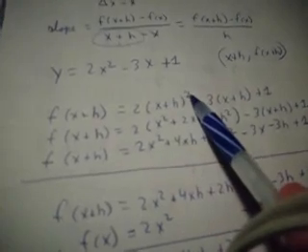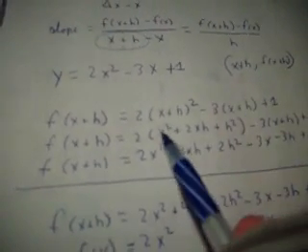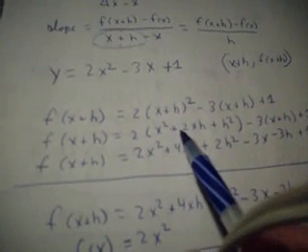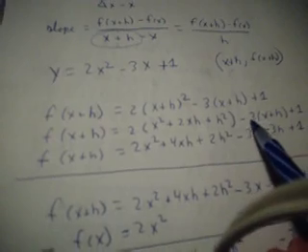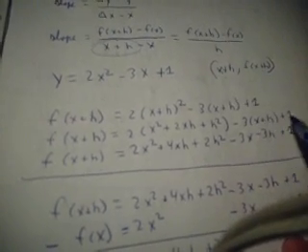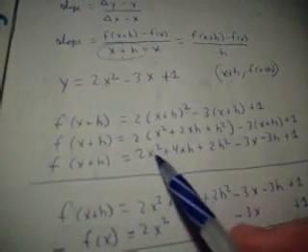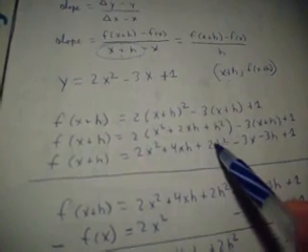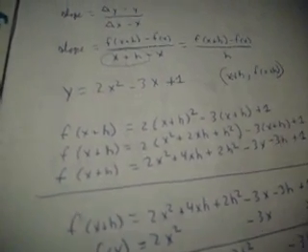If we expand this out using the FOIL method, which is something I talked about in a previous video, I know you're getting sick of hearing this, but I talked about it in a previous video. Then you get 2 times x squared plus 2xh plus h squared, minus 3 times x plus h, plus 1. And then we go down here and we have 2x squared plus 4xh plus 2h squared minus 3x minus 3h plus 1.